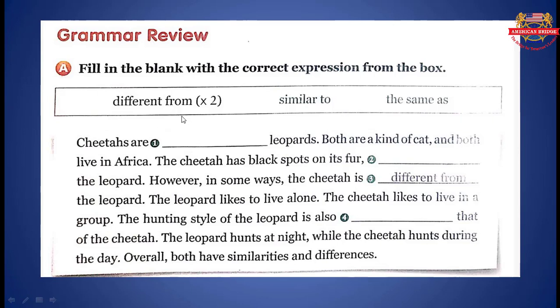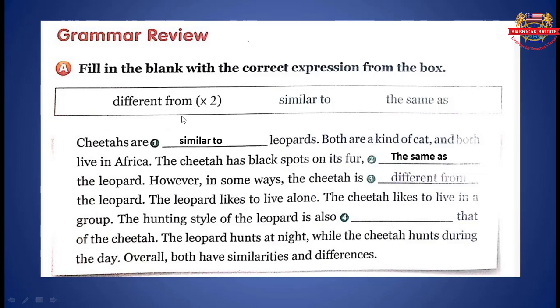Let's check your answers. The first one we complete with similar to. So cheetahs are similar to leopards, right? Number 2, the cheetah has black spots on its fur, the same as the leopard. Okay, that's the same. Number 3 we have already completed, and now go to number 4.